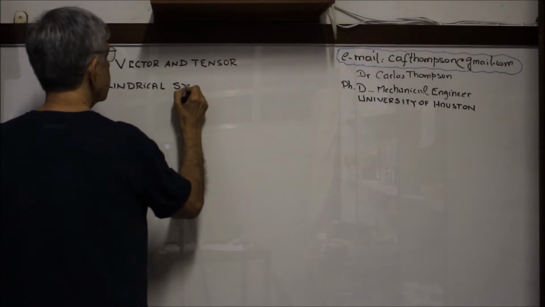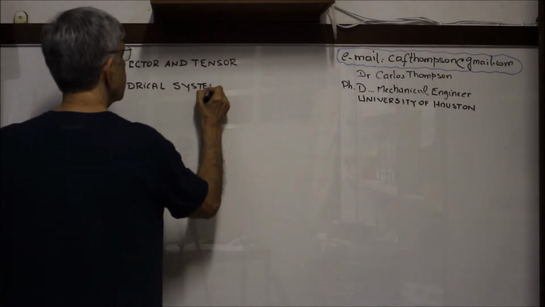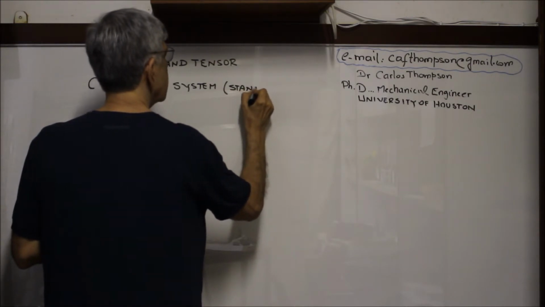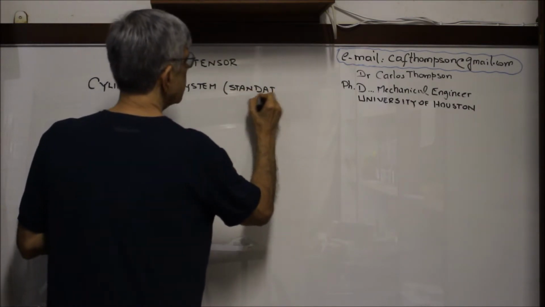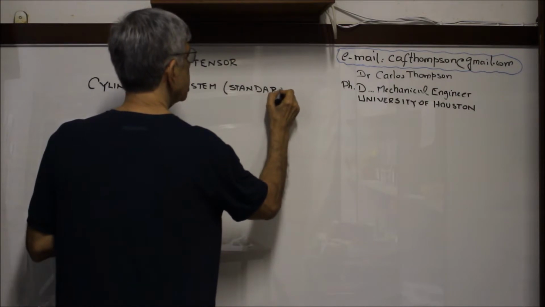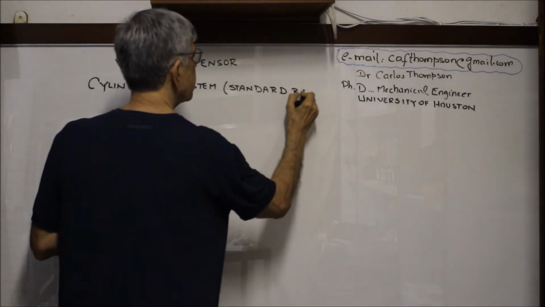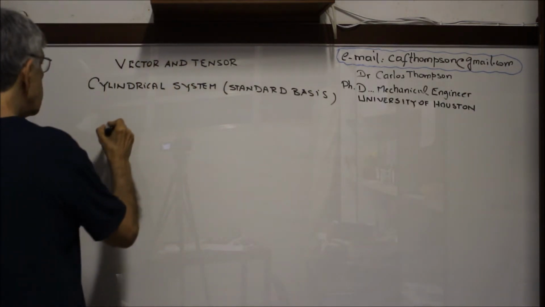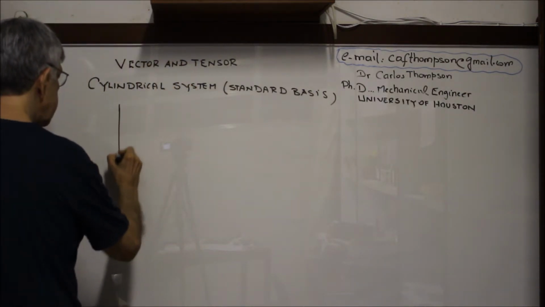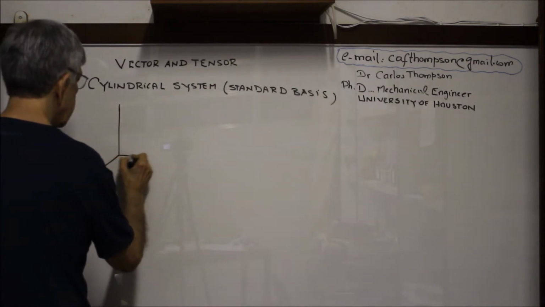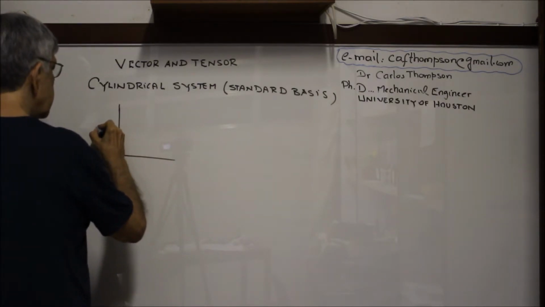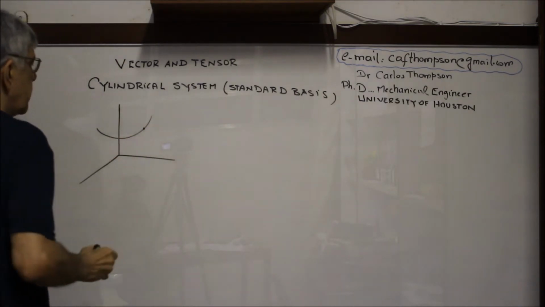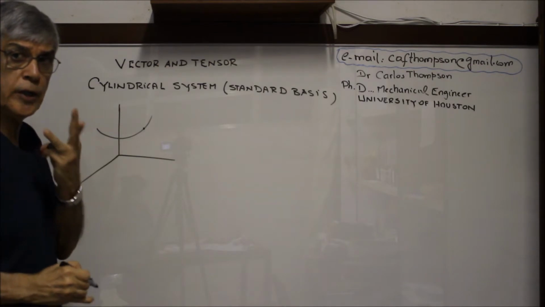system. We're going to use a standard basis. Now, look, suppose in the space we have here one circle, then we have three unit vectors.